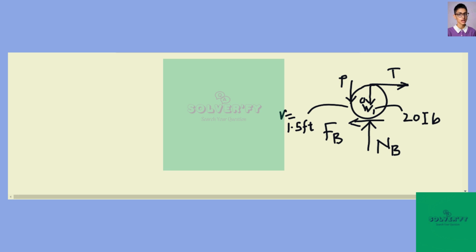For summation Fy, if we consider the forces in the vertical direction, it is going to give us 0. We can call that equation 1. Then you will see that the forces there are P minus W1 plus NB, the normal reaction at B. W1 is the weight of the wheel, and P is the force that we are looking for.